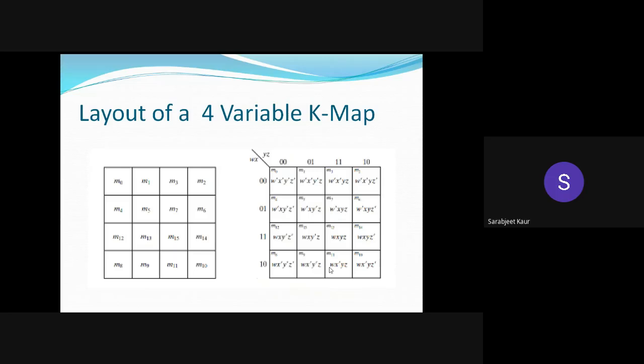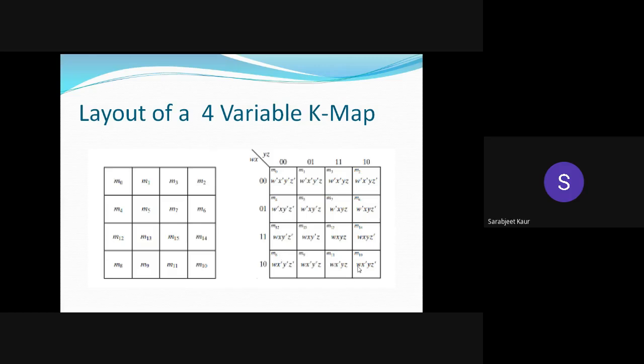For that, I'm taking you once again to the four variable Karnaugh map. If you see carefully, it is actually a joining of two three variable Karnaugh maps.